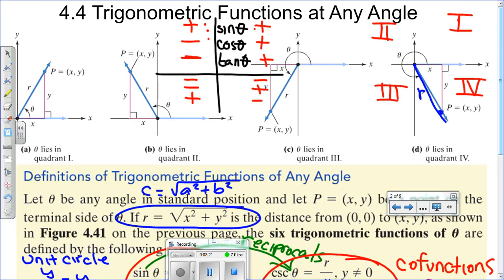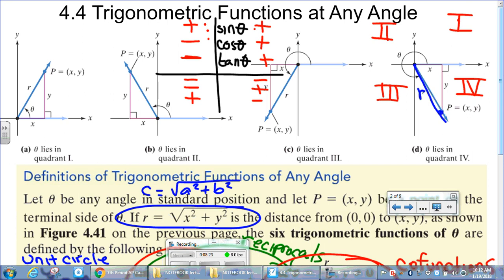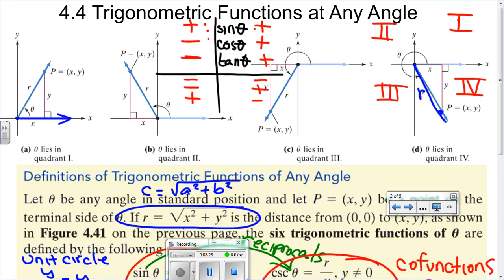So we can have angles, like for example, this angle is less than 90. The initial side, remember, is always the positive x-axis, and the terminal side is in quadrant 1. The next angle, initial side positive x, terminal side in quadrant 2.